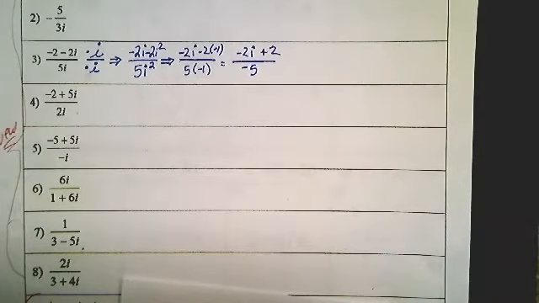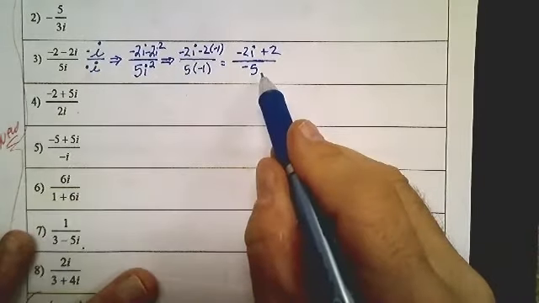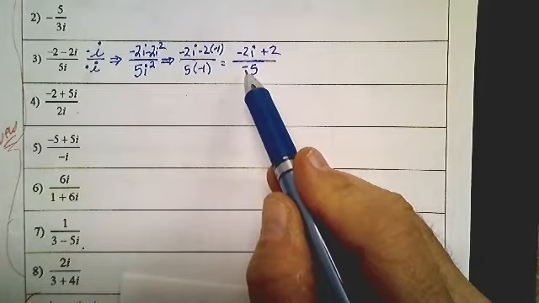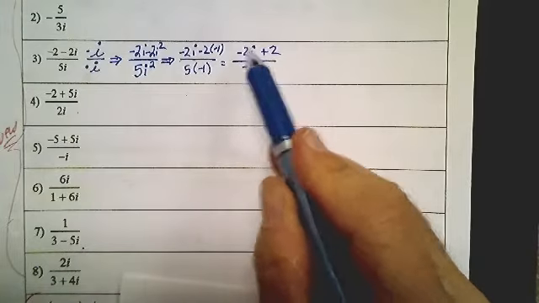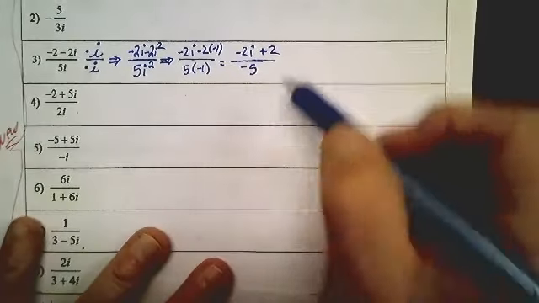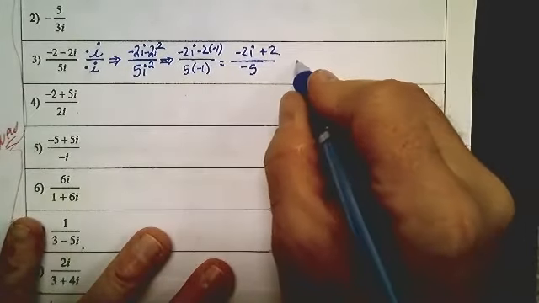And then I asked myself if I could reduce anything. I cannot reduce anything. I don't have i in the bottom. I don't really like that negative sign right here. So you could convert everything if you like. But if that's too confusing for you, you can leave it as is.